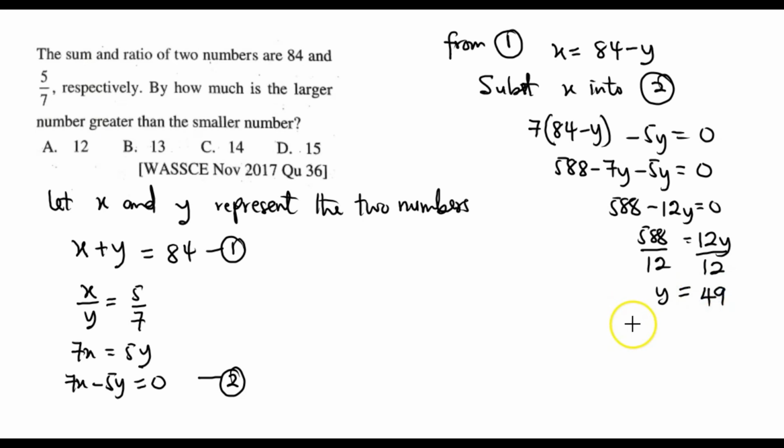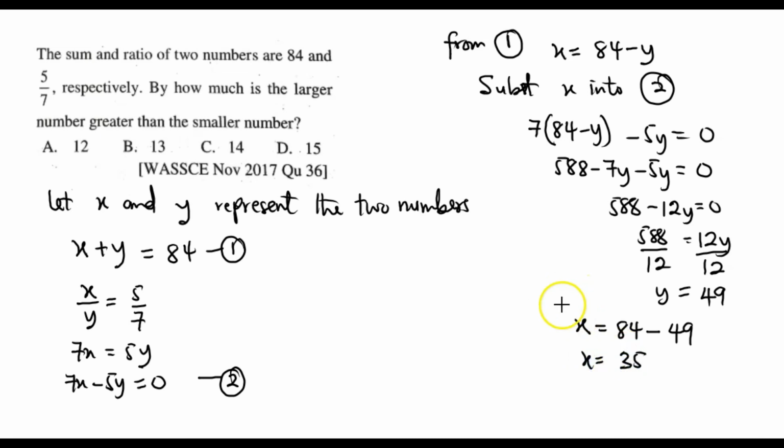Therefore, we can find our x value. x is equal to 84 minus y, and our y value is seen to be 49. Therefore, 84 minus 49 gives an answer of 35. So x is equal to 35.